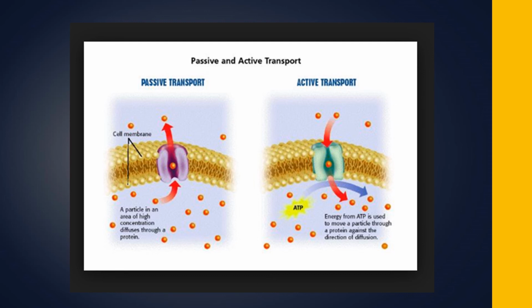So in the passive transport, always remember that the particle moves from an area of high concentration through a protein. And in that of the active transport, energy from ATP is used to move a particle through a protein against the direction of diffusion.